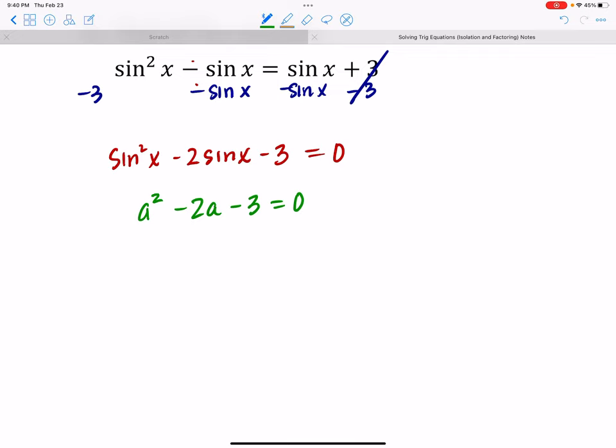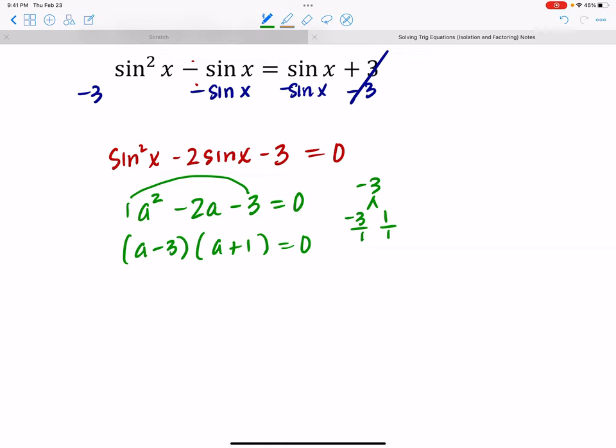Then what? Well, we'd be looking for factors of negative 3 that make negative 2, like negative 3 and 1. And then dividing by 1 wouldn't change those, so we would see this factor into a minus 3 and a plus 1. And then the factors, remember, are not just useful for factoring. We don't factor for factor's sake. Those are useful in showing us the solutions, right?